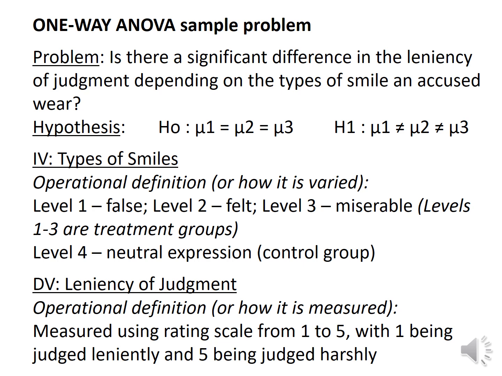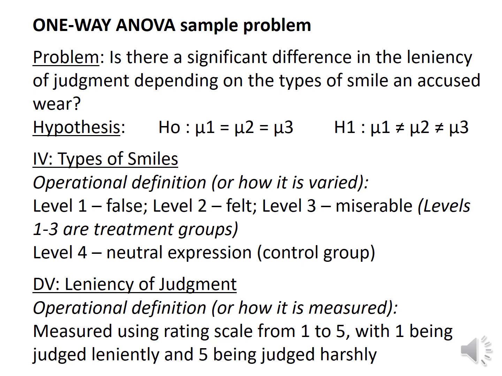We want to see if the types of smile have a significant effect on the leniency of judgment. When we say operational definition, for the IV, it simply indicates how it is varied.